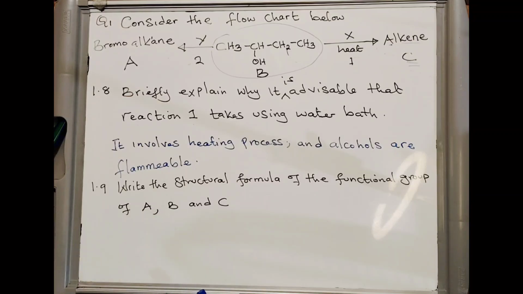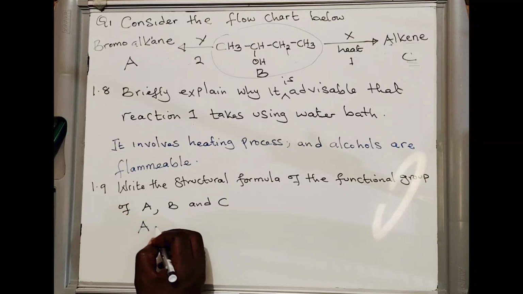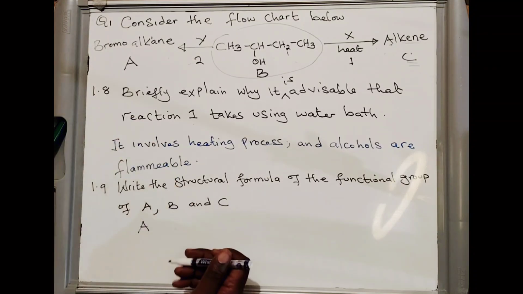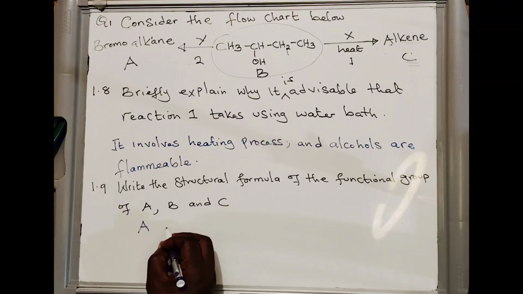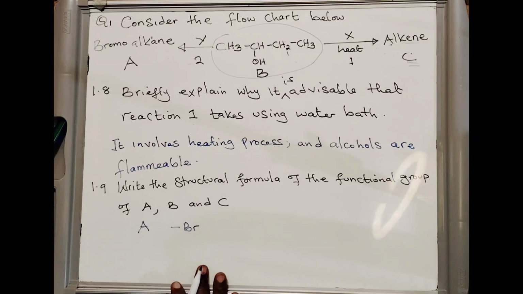Then comes this question. It says, write the structure formula of the functional group of A, B, and C. Okay, so what is the functional group of A? A is a bromoalkane, and its functional group is Br. B is an alcohol, and its functional group is OH.